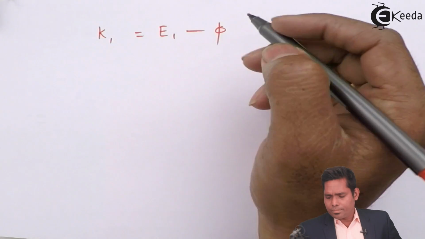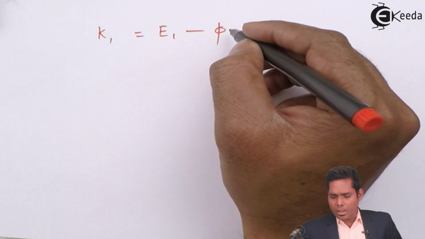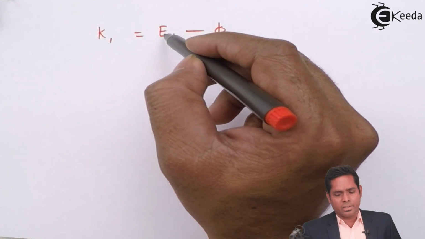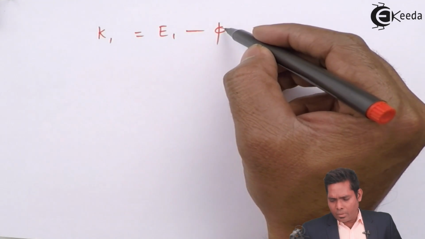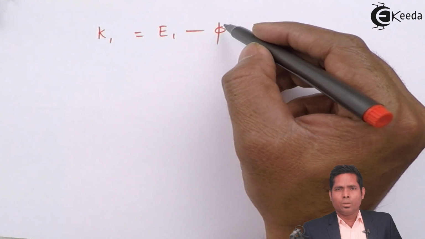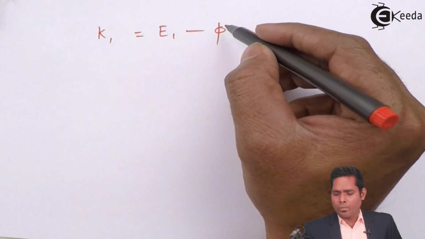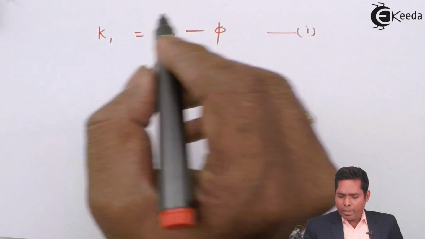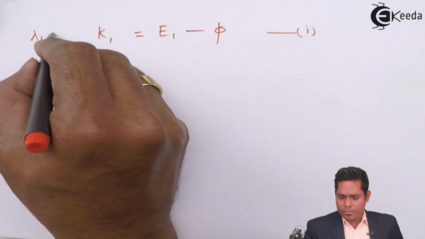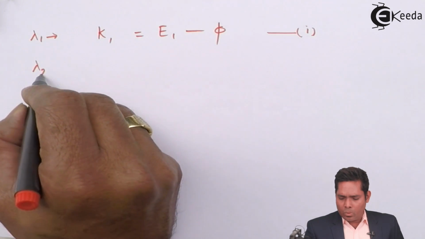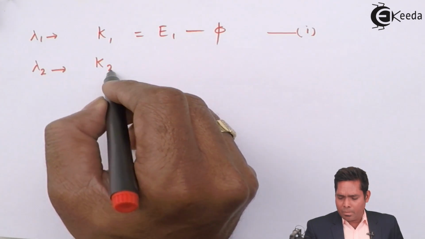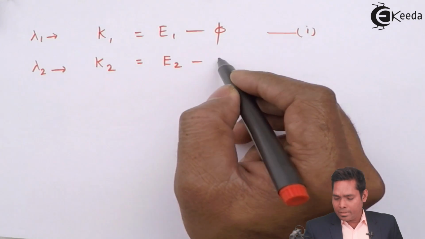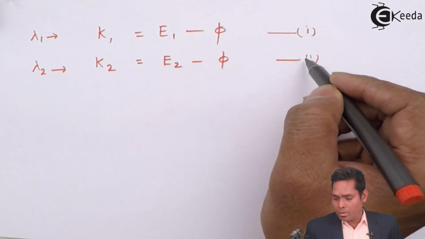The energy incident and the kinetic energy will change, but phi will remain constant because it is the property of the metal, the work function. So this is the first equation that I use with wavelength lambda 1. When I use wavelength lambda 2, I will have kinetic energy maximum equals E2 minus phi. This is equation number 2.